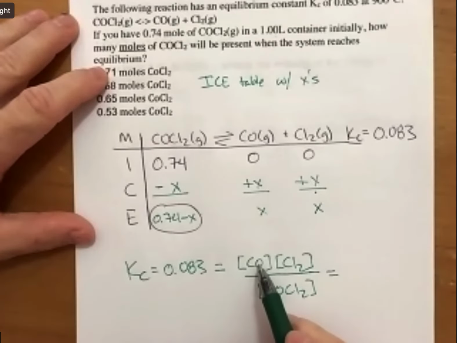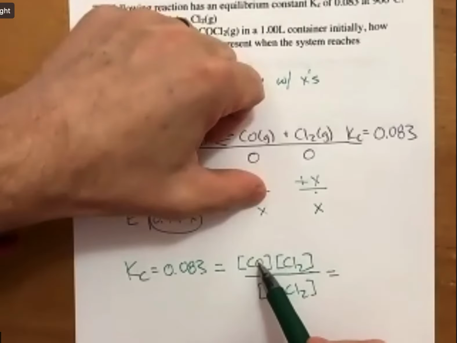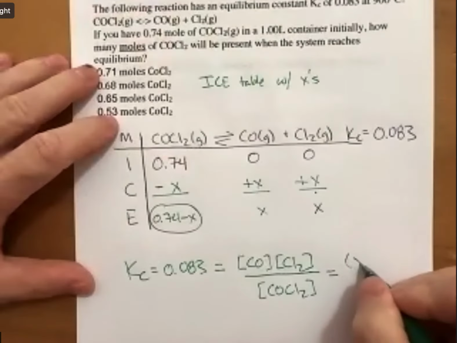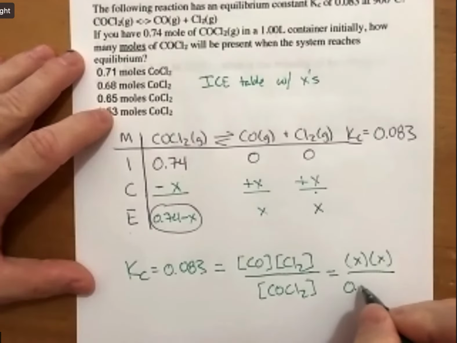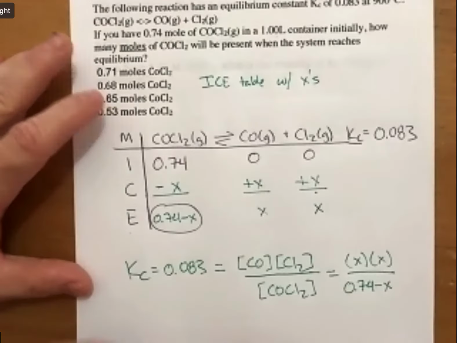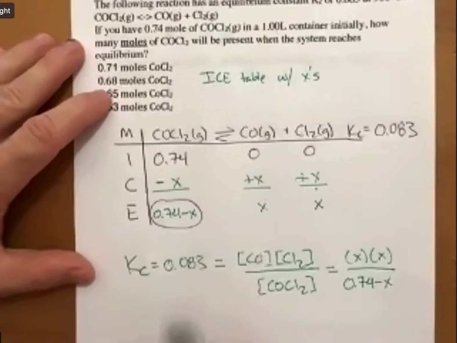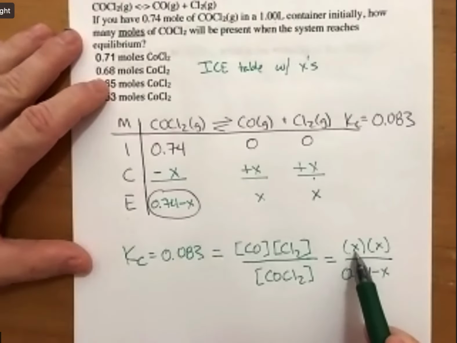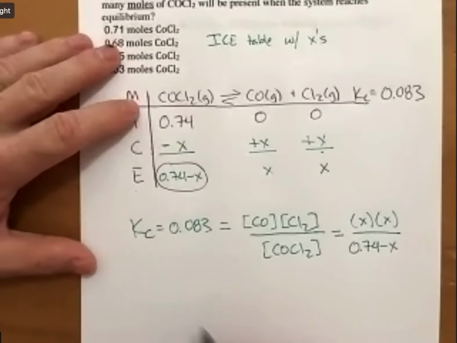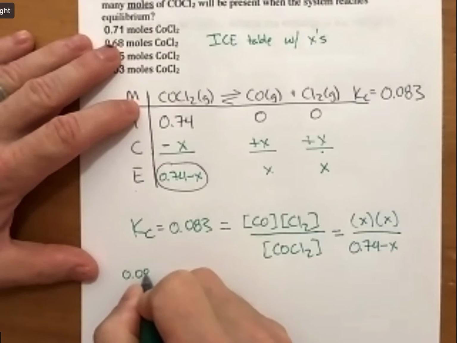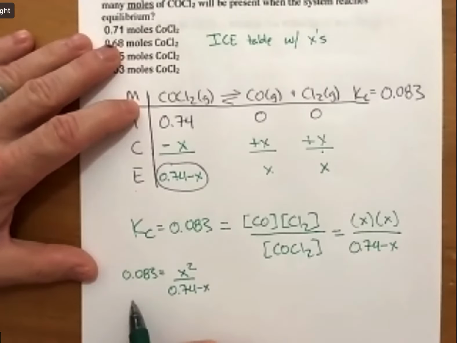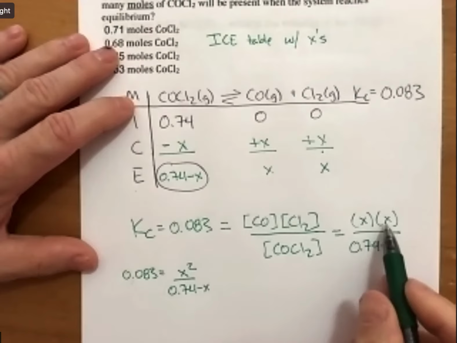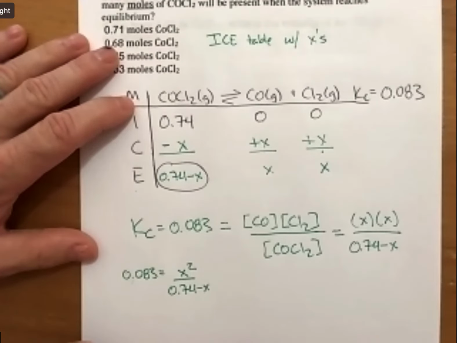And we know at equilibrium that our concentration of each of our products is X, and at equilibrium our concentration of our reactant is 0.74 minus X. So now we have one unknown, one variable, X, in an equation form. So let me write that out: 0.083 equals X squared over 0.74 minus X.